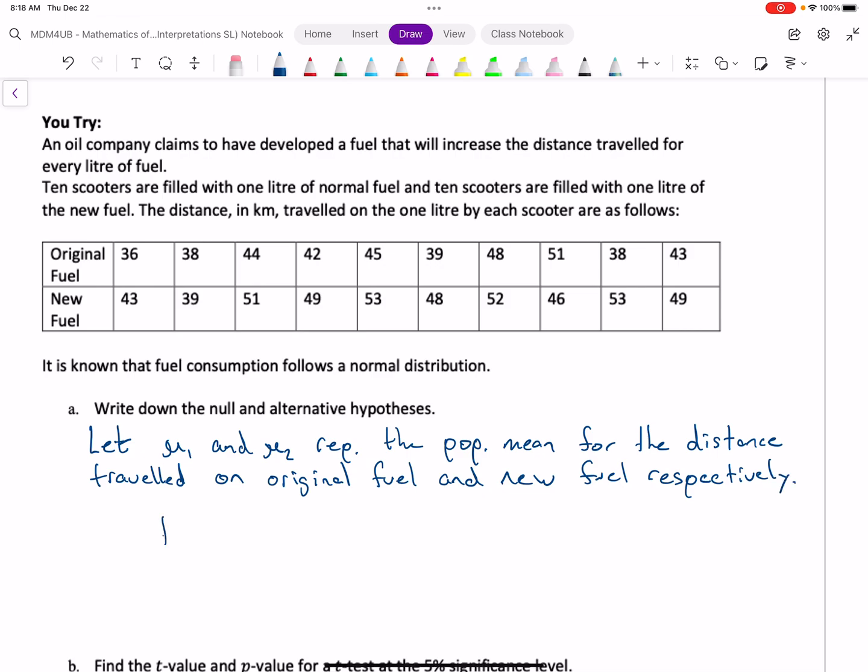So then we say, okay, H0 is mu1. It will always be the same as mu2. So that's what we're testing.